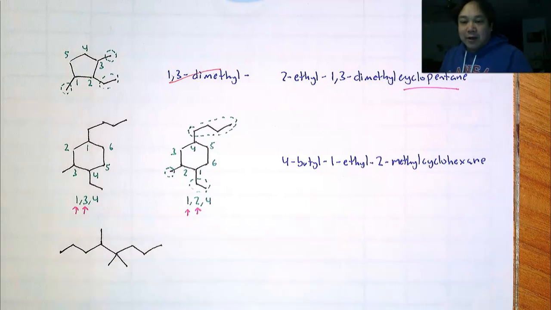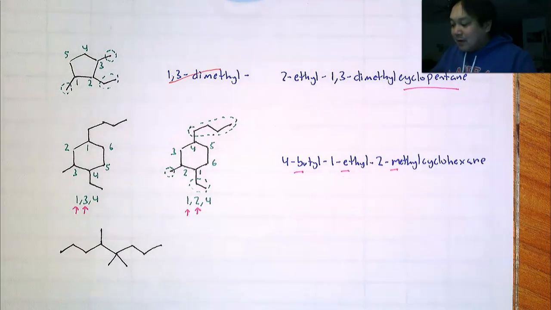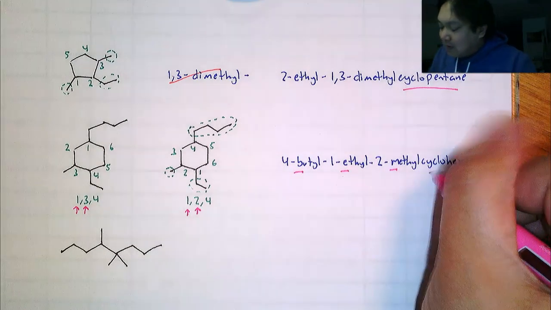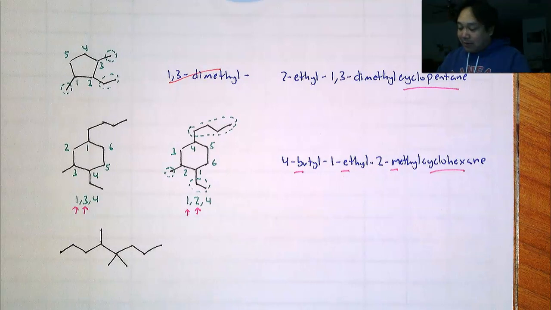When I'm grading, make sure everything's alphabetized properly, make sure the parent is correct, cyclohexane, and the numbering is correct.